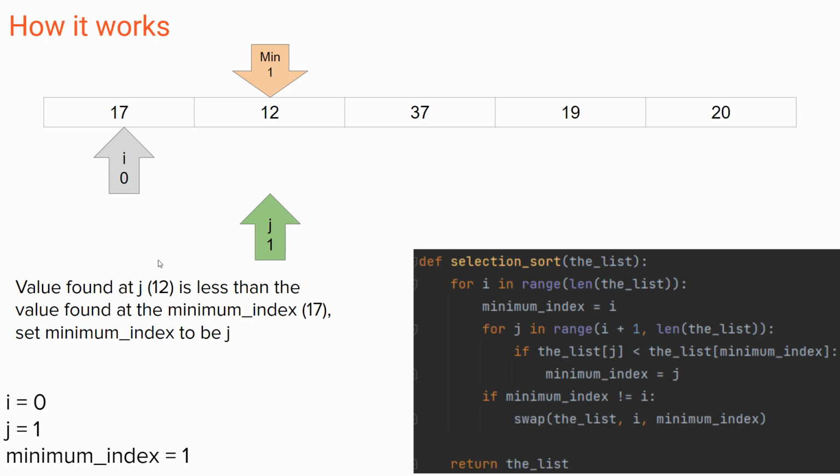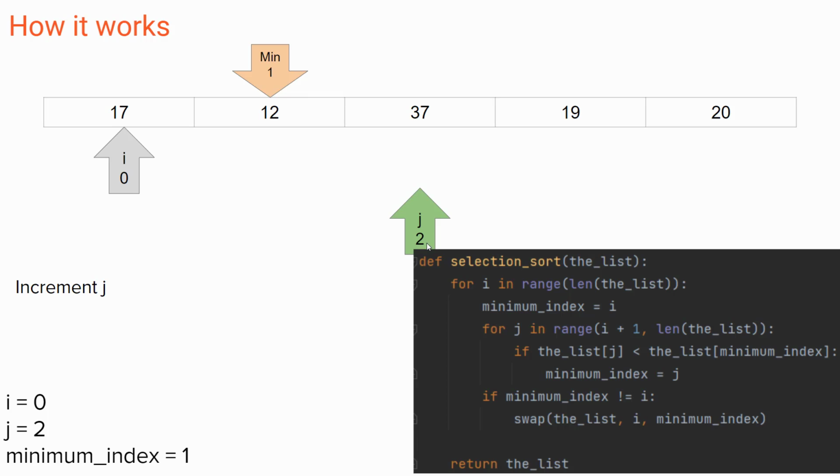Okay, we set minimum index to 1 because the value found at j, which was 12 here, is less than the value we had previously for minimum index, so we set minimum index pointing to this. Then we're going to increment j.